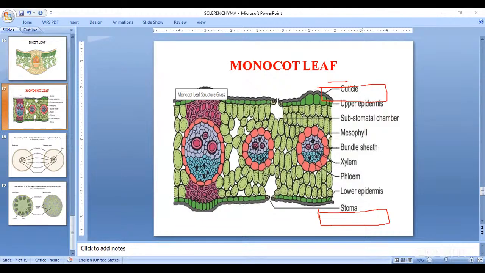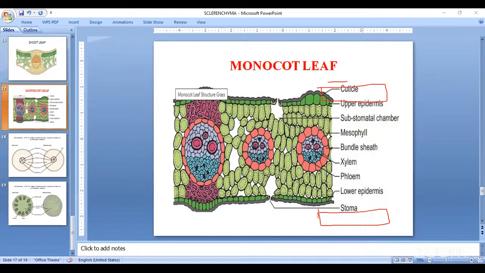In both, the epidermis is without intercellular space and uniseriate. But a few leaves have multiseriate epidermis. For example, in dicot Nerium it is multiseriate, and in monocot Phoenix it is multiseriate. So these are rare cases, right?